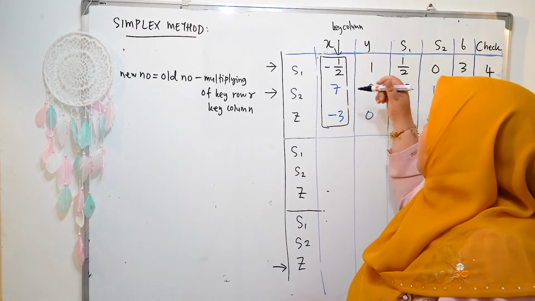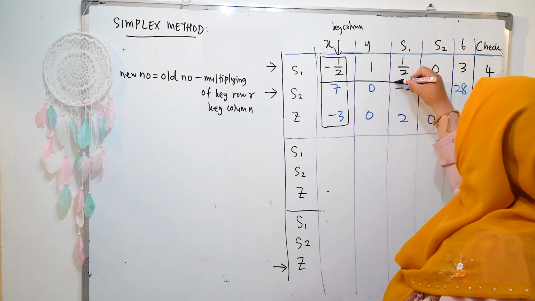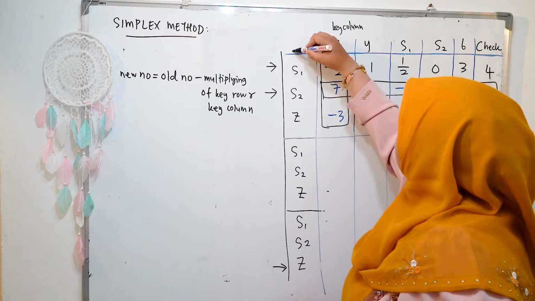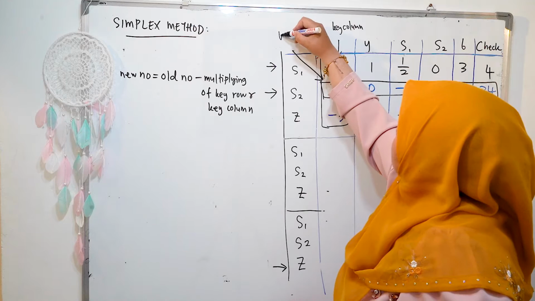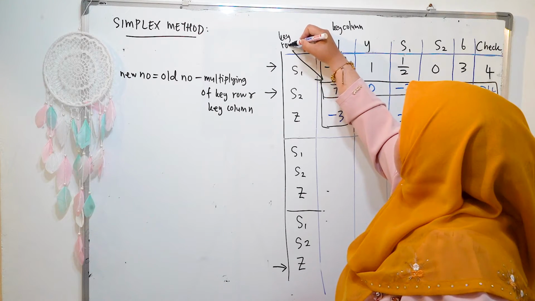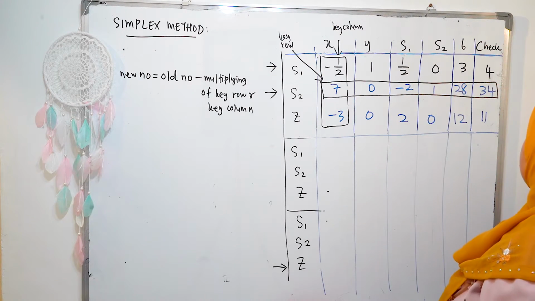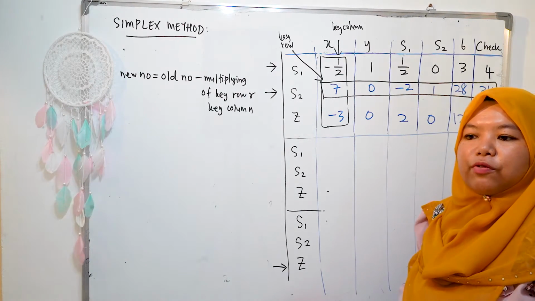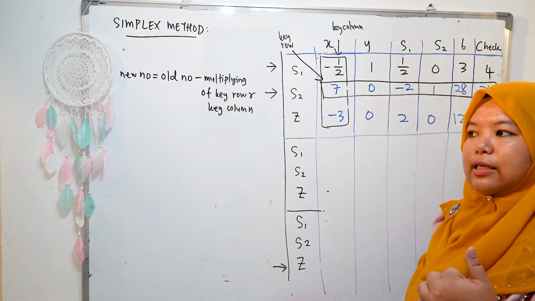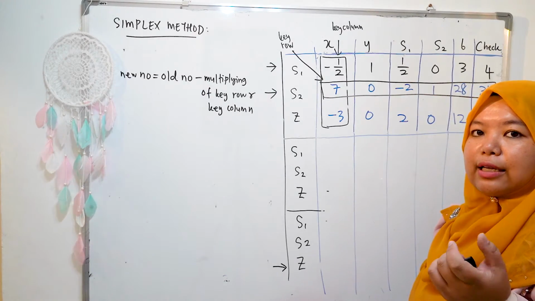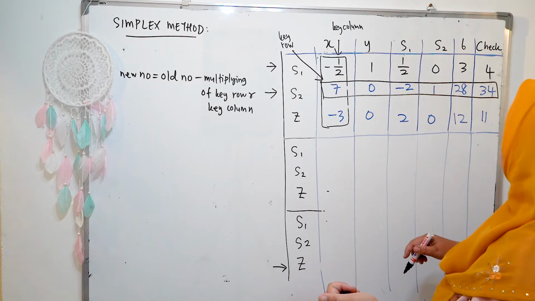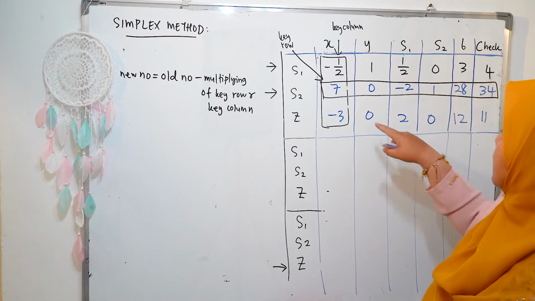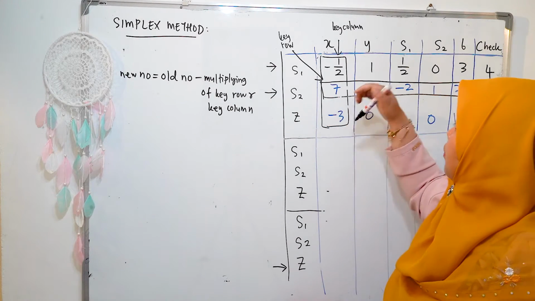So automatically, this row will be the key row. Okay, so which number is the pivot? Pivot is a number that is in the key row and the key column. So when I look at here, I can see 7 is the pivot.